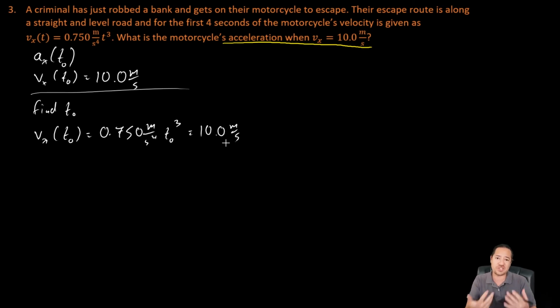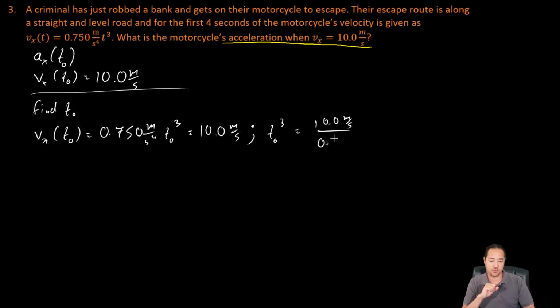So now we can just solve for t. Let's solve for t here. t naught cubed is going to be equal to 10 meters per second over 0.750 meters per second to the 4th power.